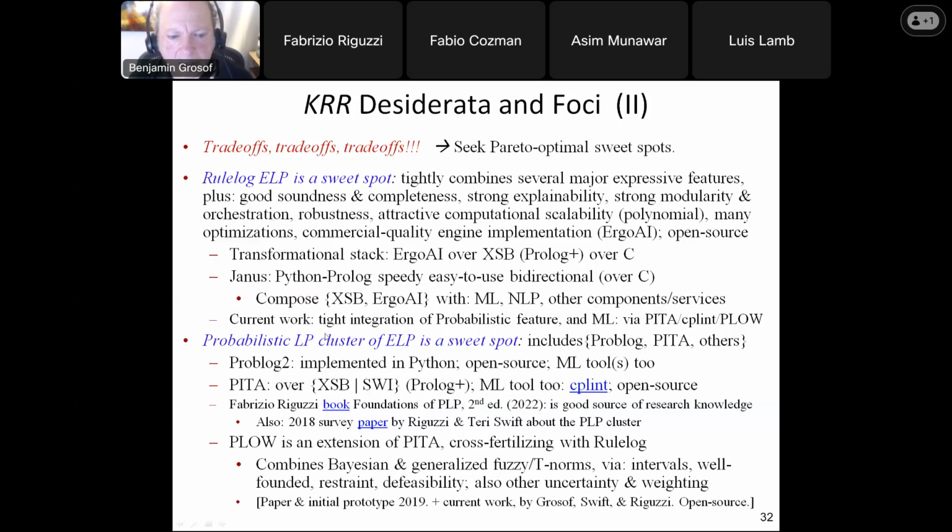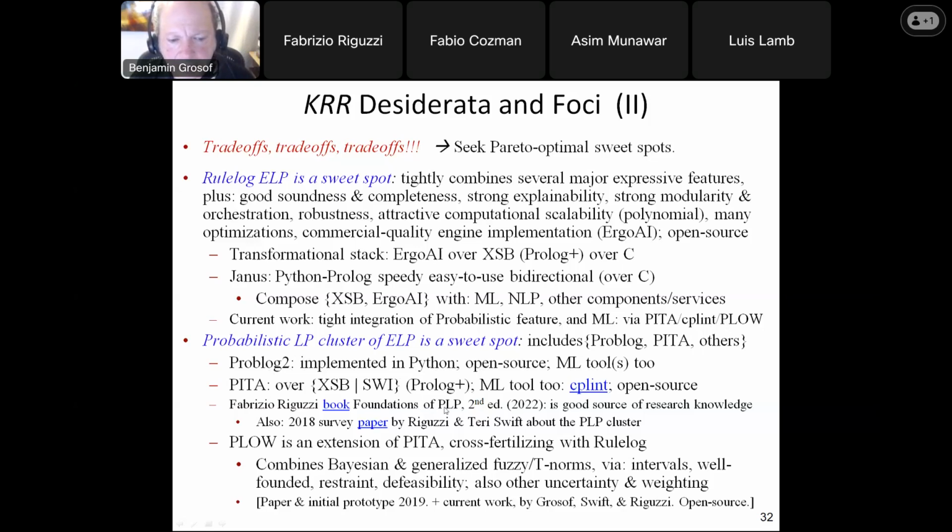In current work, there's work going on to integrate more tightly and extensions for probabilistic and machine learning via PETA and CP-lint and Plow. Now, as I mentioned, there's also this other cluster, including Problog2, which is a re-implementation of Problog, but implemented in Python rather than Prolog. It has some ML tools too that work with it, or part of it, depending on how you think of it. PETA, ditto.